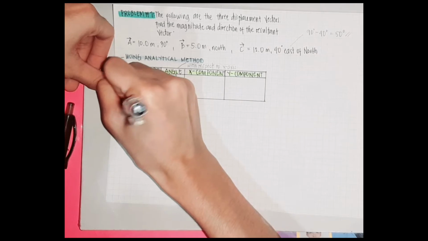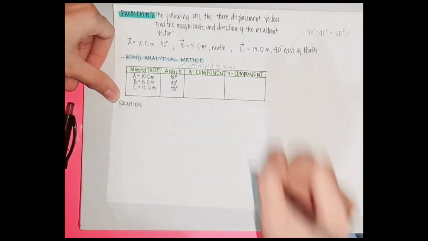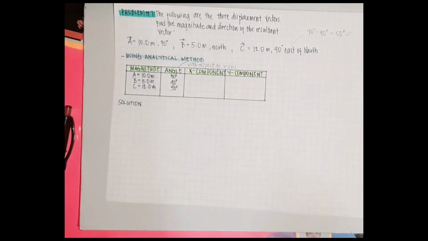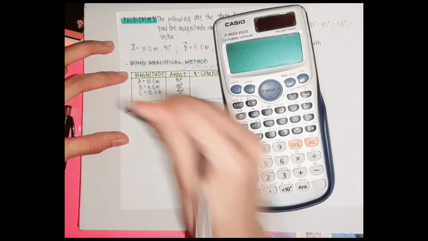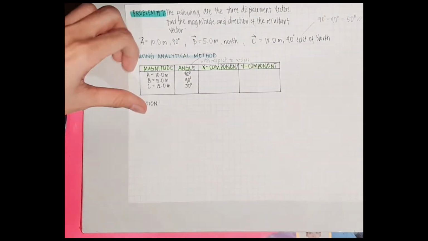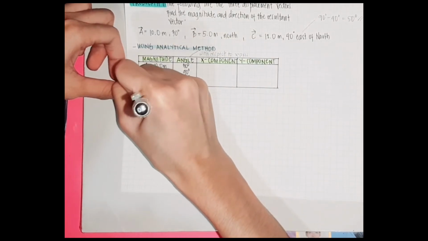The next thing we will do is to get the x and y components of every vector that we have. In getting the x component, you must use cosine theta, while in getting the y component, you must use sine theta.